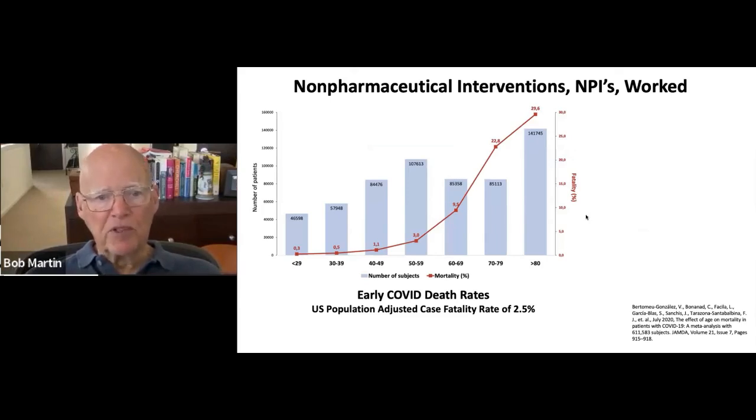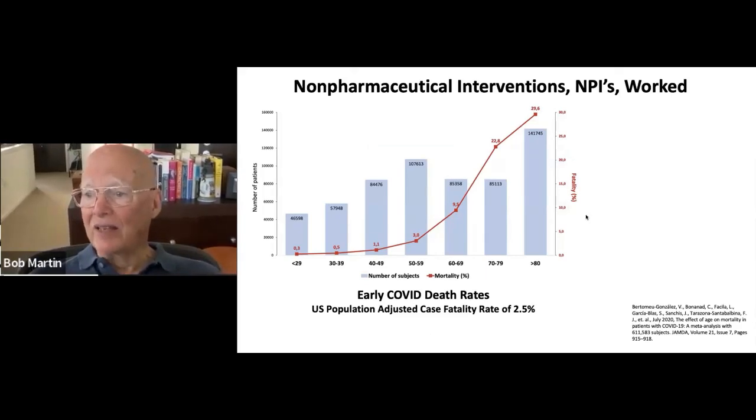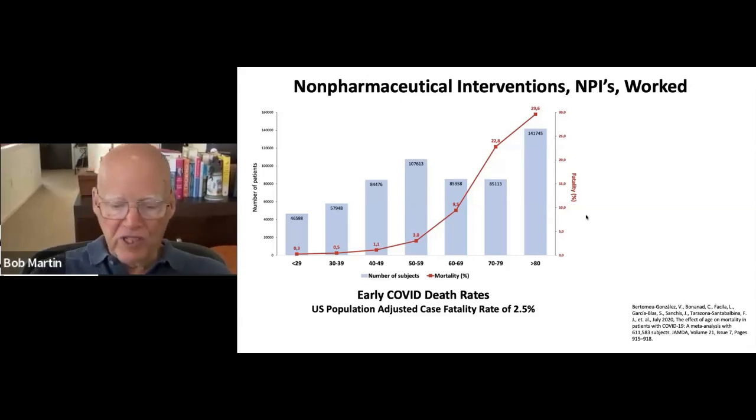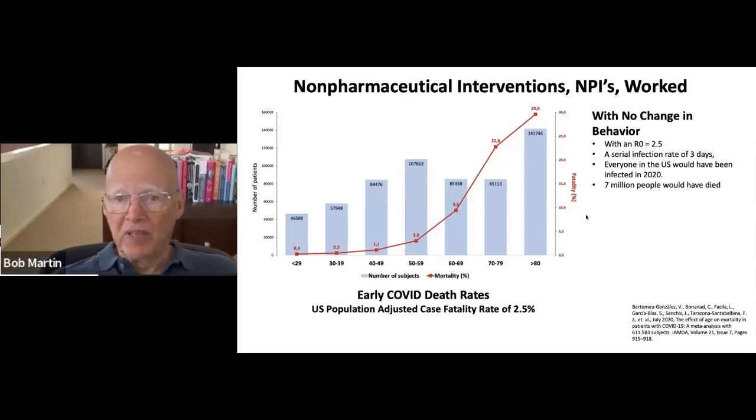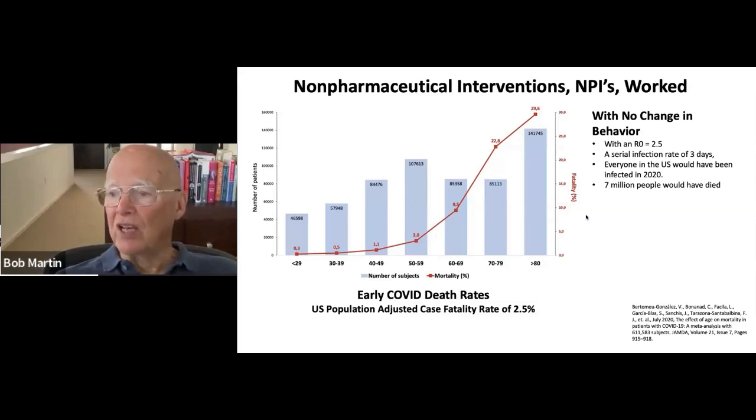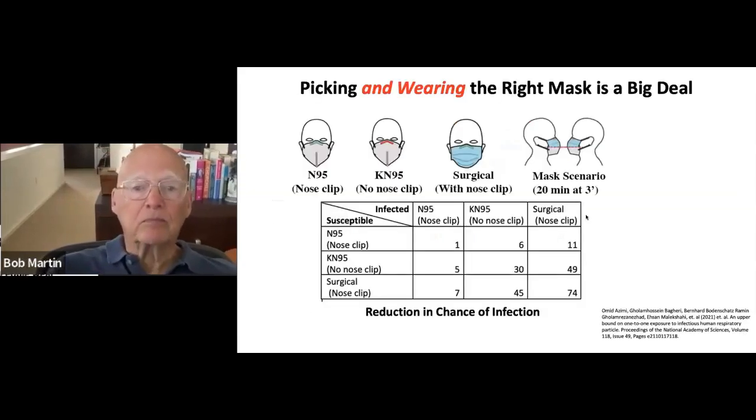To put it in perspective, these were the early death rates. Old folks, 30% died. That was the harvesting I mentioned. If there'd been no change in behavior, with the data I already covered, 7 million people in the US would have died from COVID in 2020 as compared to 240,000.